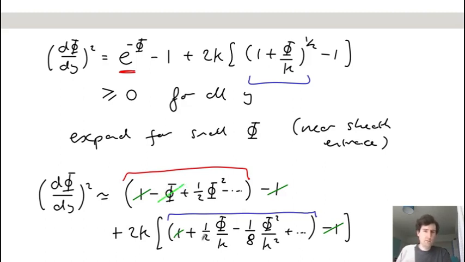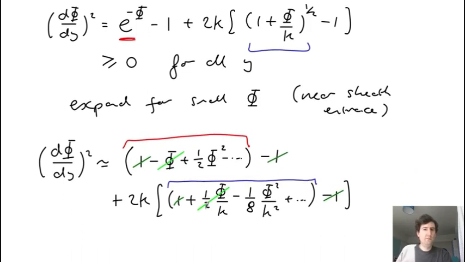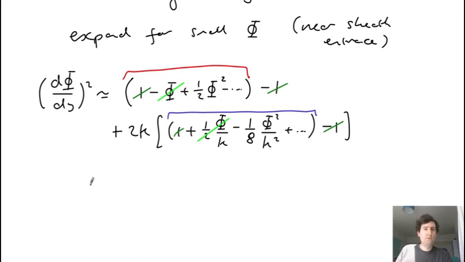Do that one, cancels with that one. And so what we're left with is a term half phi squared, so the second order terms. These don't cancel. So we have some second order and higher order terms. So this gives basically a half phi squared and takes the factor outside the front. So that's this one here.